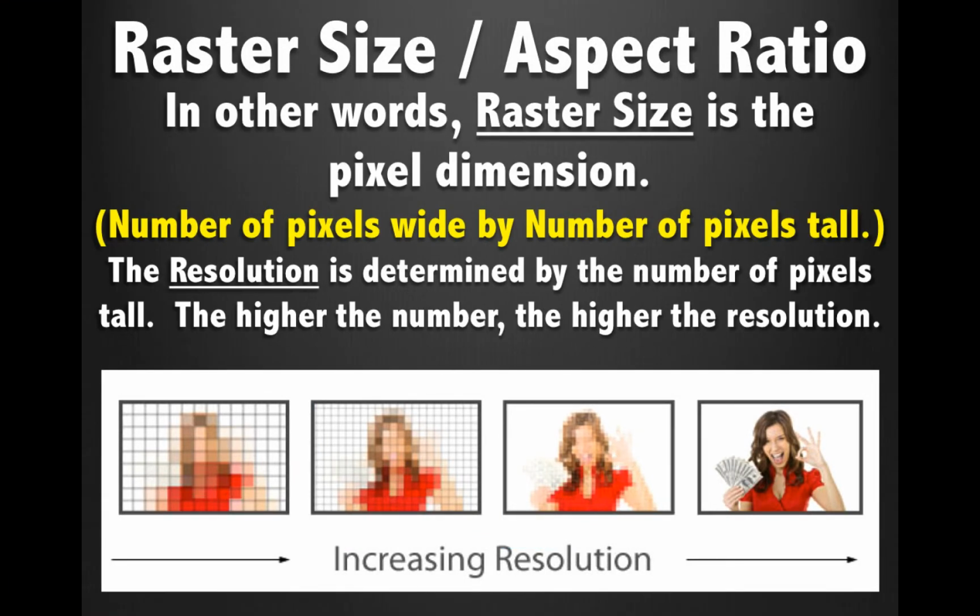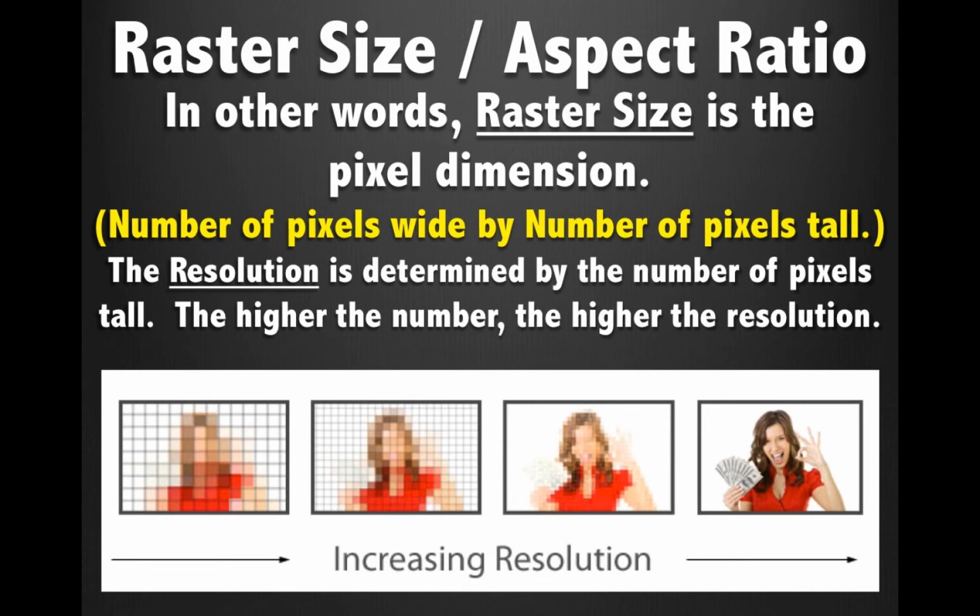In other words, raster size is also called pixel dimension. That is the number of pixels wide by the number of pixels tall. The resolution is determined by the number of pixels tall. The higher the number, the higher the resolution.